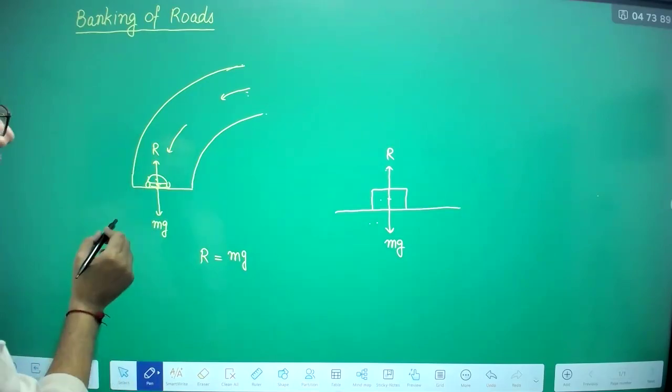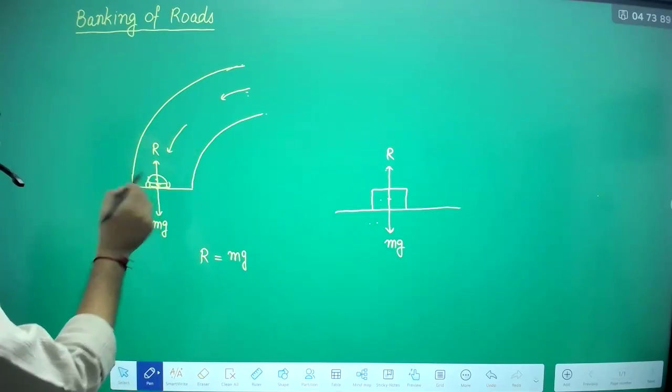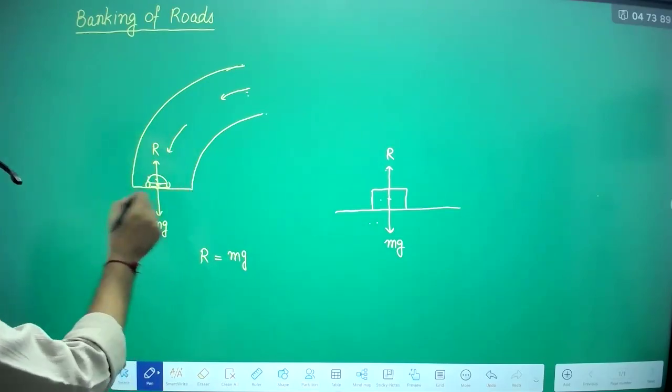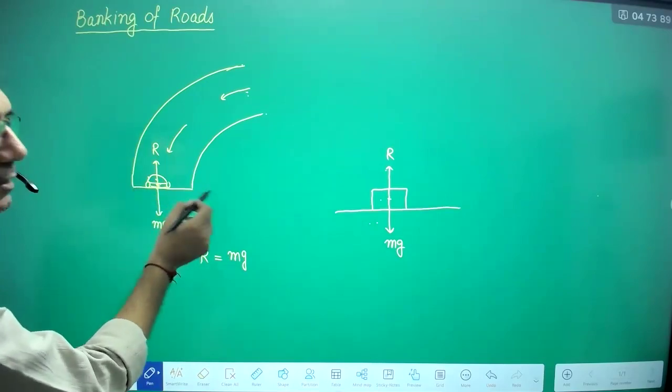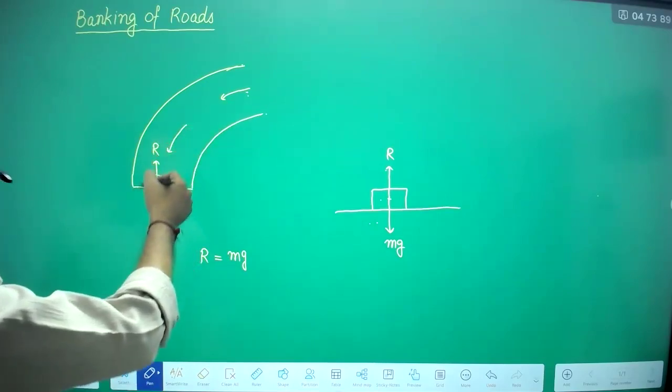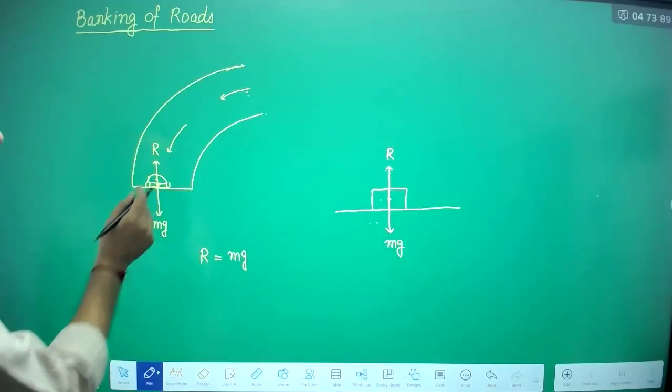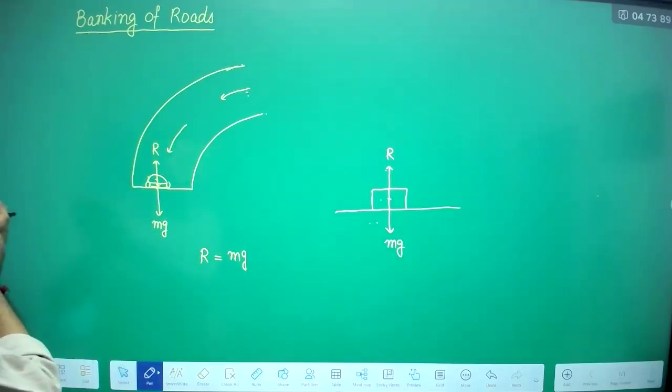Now on the moving track, there will be a tendency. Try to understand, suppose you assume that this is a smooth surface and this car is moving like this, then you will find out that it will skid in the outward direction.